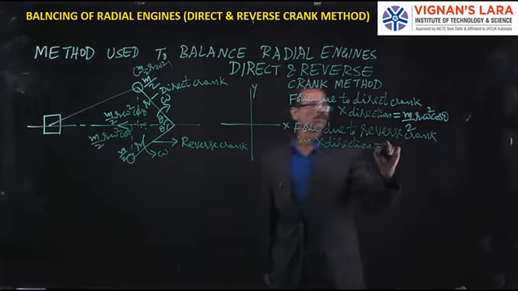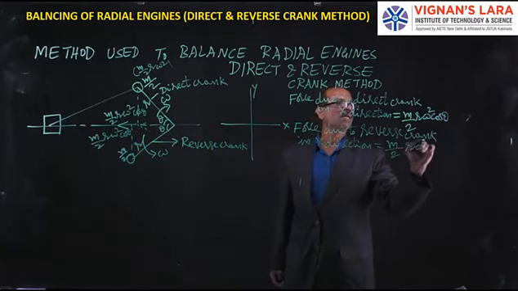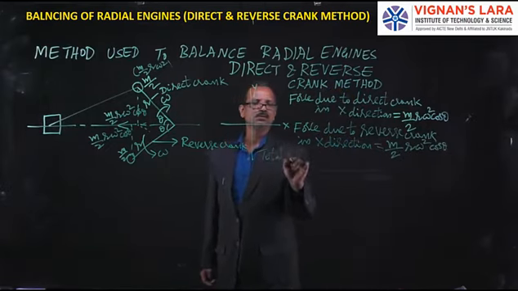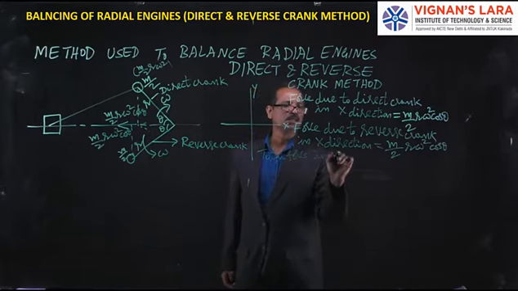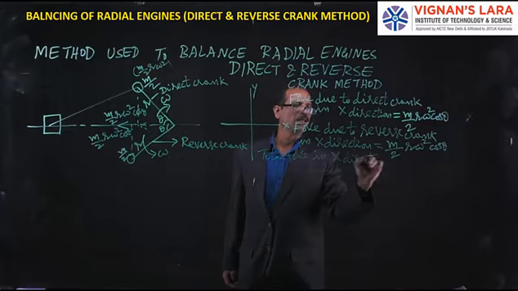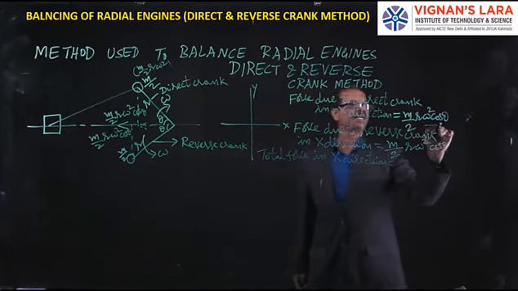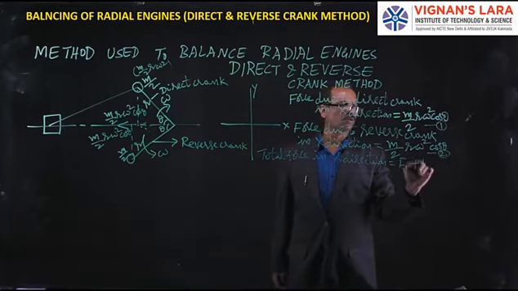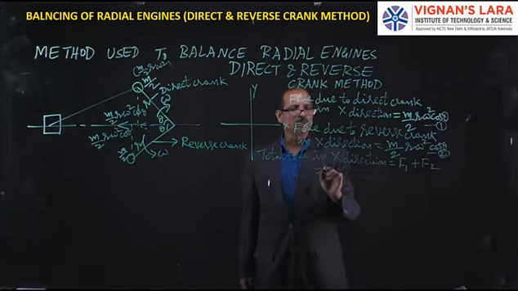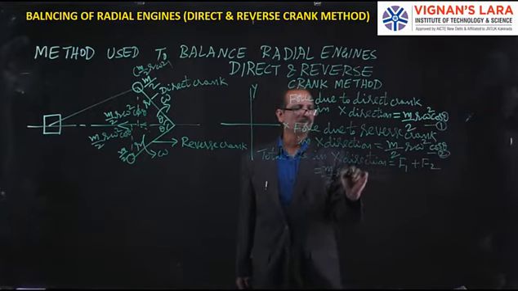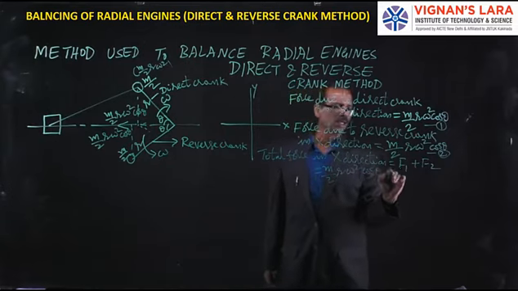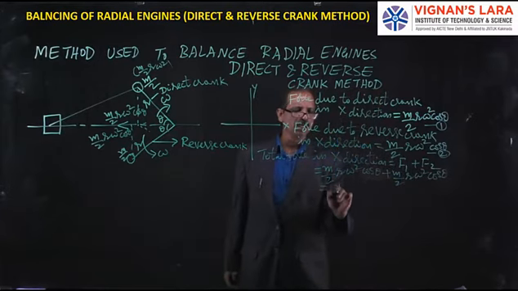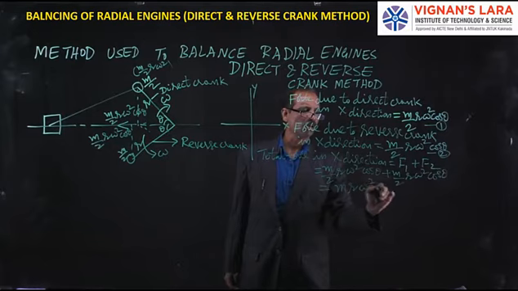Then the total force in the x direction is the sum of force 1 plus force 2, that is m by 2 r omega square cos theta plus m by 2 r omega square cos theta, which is simply m r omega square cos theta.